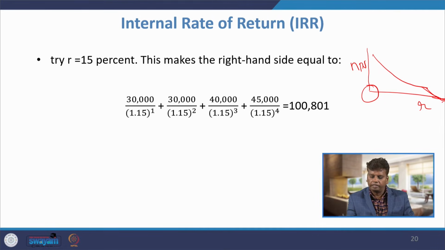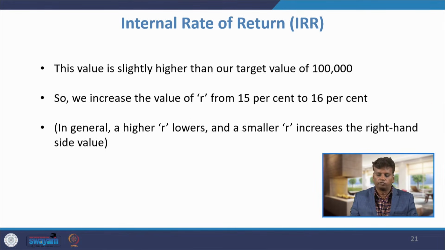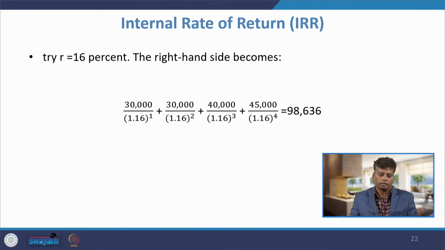If I increase the R value, the NPV will decrease. So, from 15% I am going to 16%. As I told you, in general the higher R lowers and the smaller R increases the right hand side value.